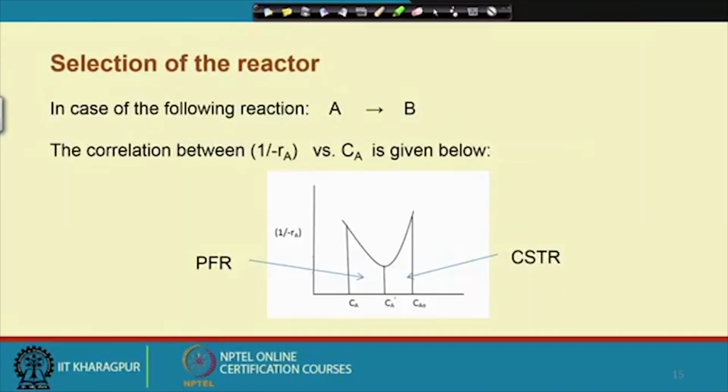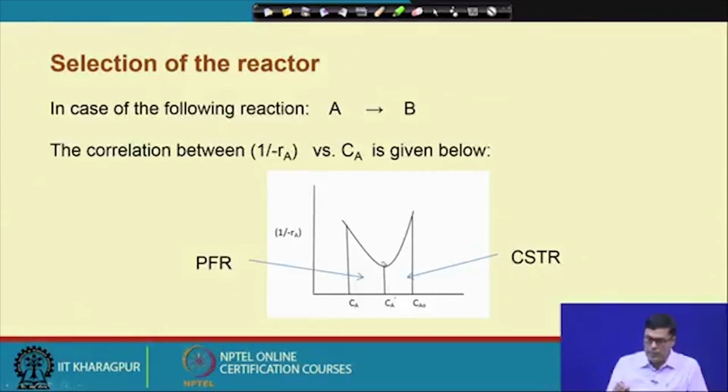Now, here I have given an example of how we select the reactor. Suppose there is a reaction A to B and you have a correlation of 1 by R A versus C A like this. I have identified two different zones, this zone and this zone. Here you can clearly find the area under this curve; this will be what?